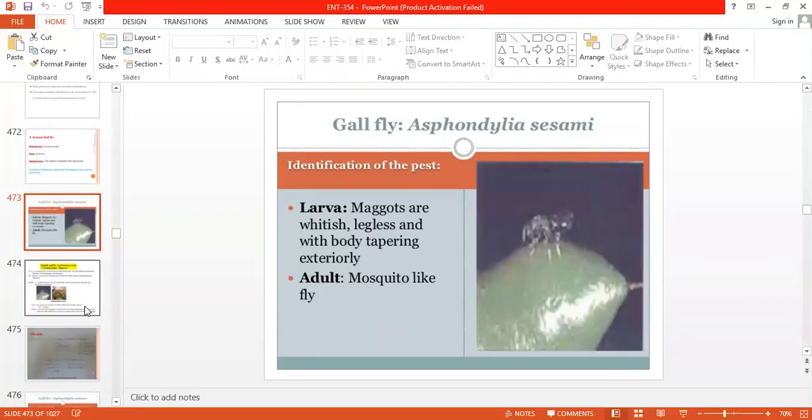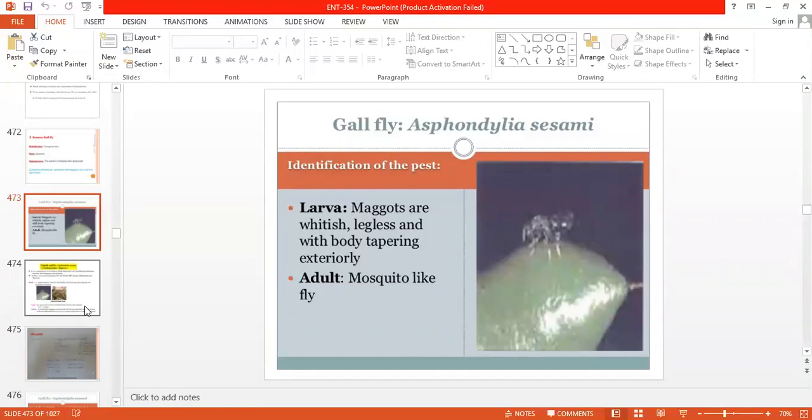This pest causes important damage to sesamum by making galls. That's the sesamum gallfly, Asphondylia sesami, family Cecidomyiidae, order Diptera.